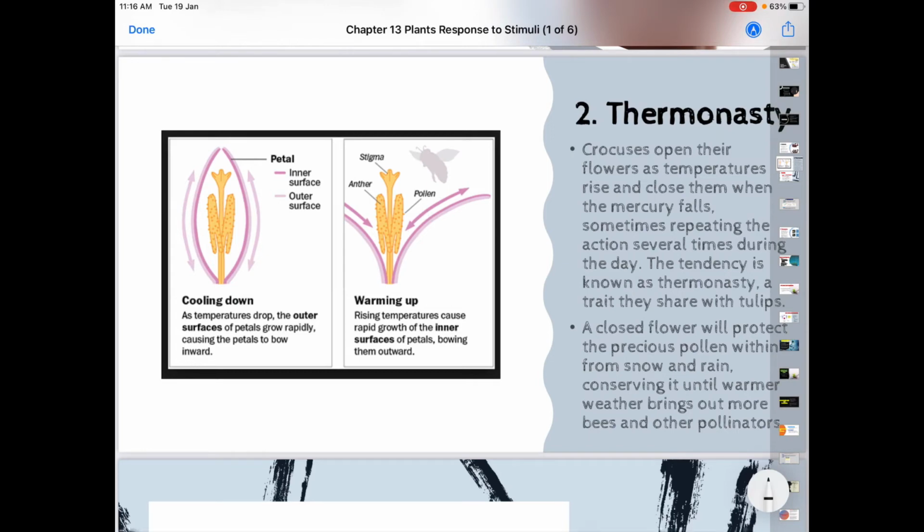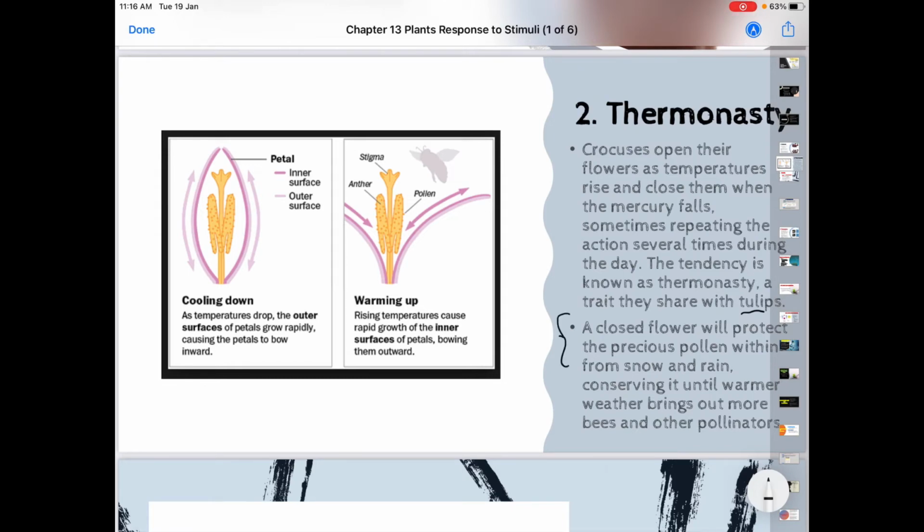Crocuses open their flowers as temperature rises and close them when the mercury falls, sometimes repeating the action several times during the day. The tendency is known as thermonasty, a trait they share with tulips. A closed flower will protect the precious pollen within from snow and rain.